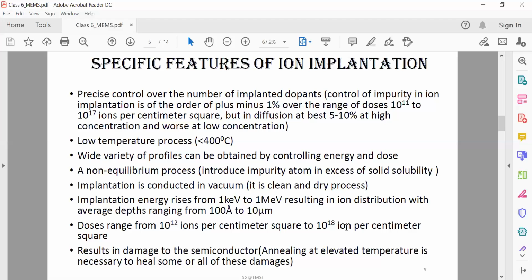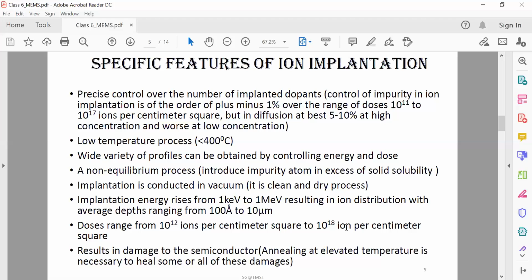Okay, but there is only one drawback in ion implantation. What is that? It results in damage to the semiconductor, but its solution is also there. Annealing at elevated temperature is necessary to heal some or all of this damage.